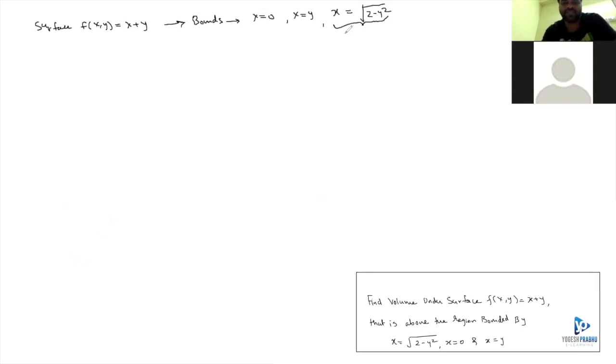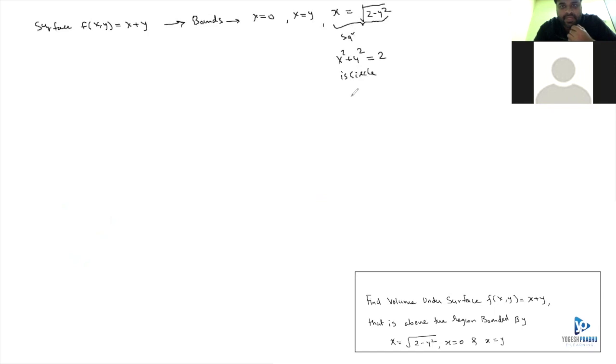If I square this, what do we get? It's x squared plus y squared equals 2. It's a circle, center is 0, and radius is 2.